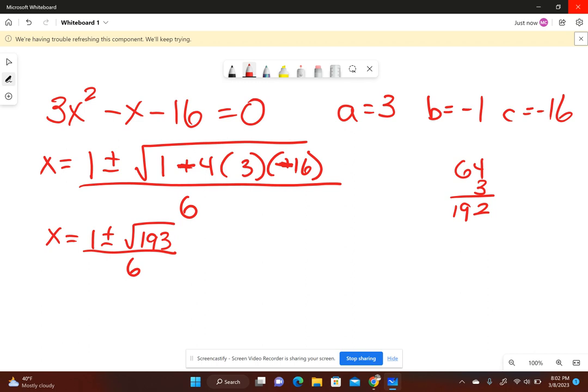Now, if I was asking for the exact answer, you would be done because this is the exact answer. But if I say, give me an answer rounded to the hundredths place, what we would do is find the square root of 193, which is 13.89.